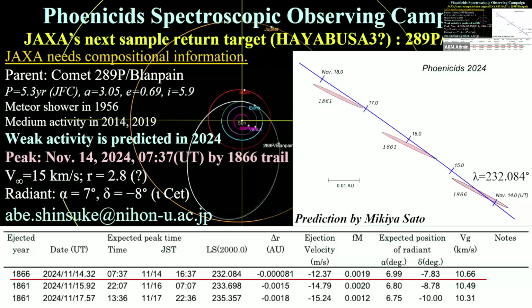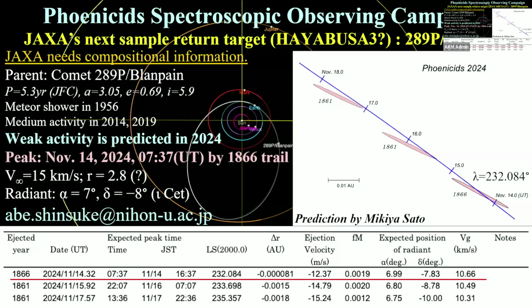And finally, I want to call for a Phoenicid spectroscopic observing campaign. In Japan, the next sample return target is Brampton. Brampen is the parent body of the Phoenicids, and the Phoenicids have a prediction for small activity in November this year, November 14th. So please take pictures and please collaborate with us.